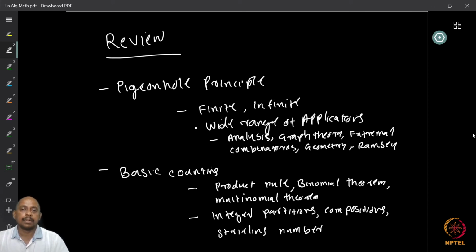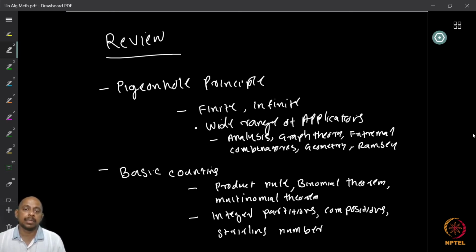So we started our course with a look at the pigeonhole principle. Now, this was one of the most basic principles, one of the most trivial ideas to come up with, and still one of the most powerful. And the power of the pigeonhole principle comes from the fact that because of its simplicity, it has such a wide range of applications.